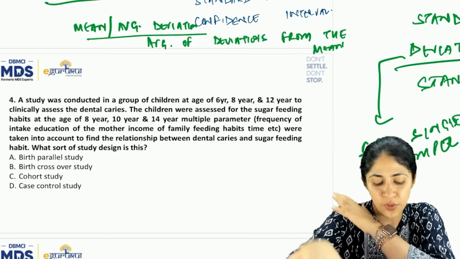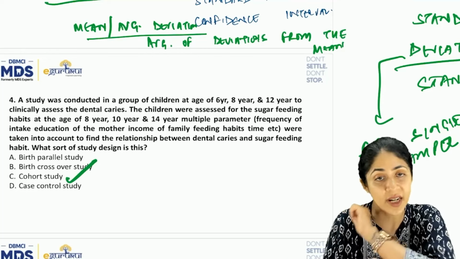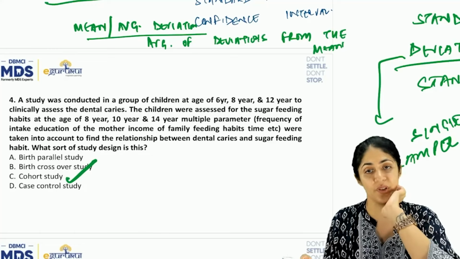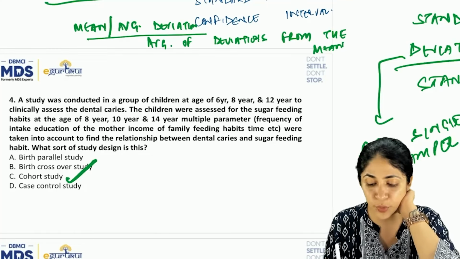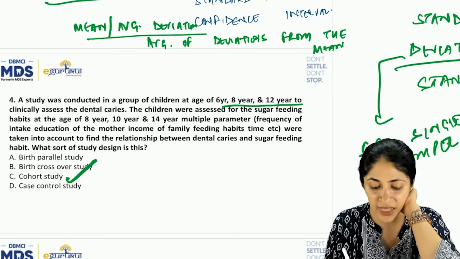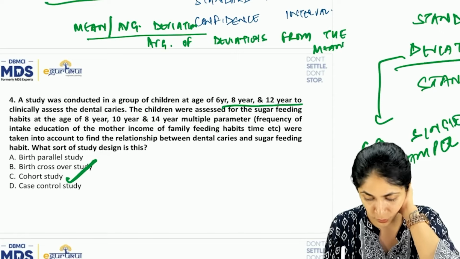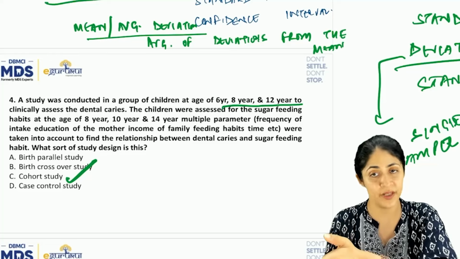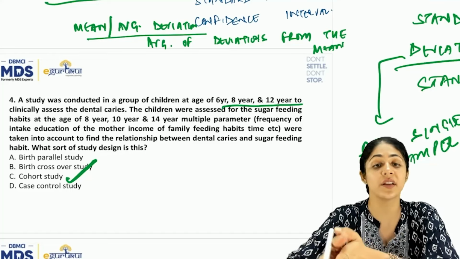The answer is definitely cohort study. Why? Because with the description given in the question, logically it should be a cohort study. The same group of people, that is children at the ages of 6, 8, 12, are continuously followed for a long period of time, and they are trying to find the causal relationship.